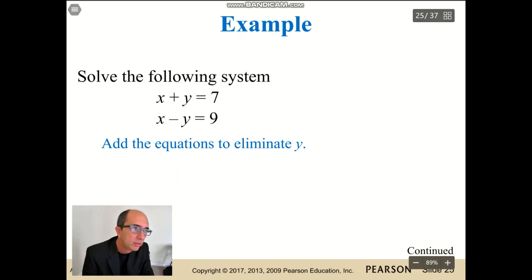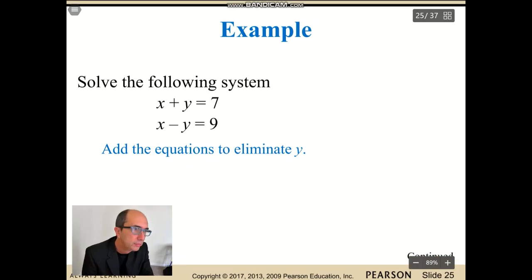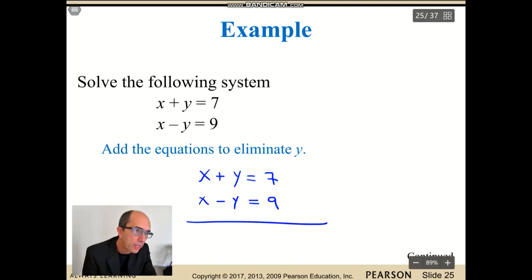So let me write down here: x plus y equals 7, x minus y equals 9. Addition property: add both sides of the equations. x plus x, 2x; y minus y, 0; equals 7 plus 9, 16.